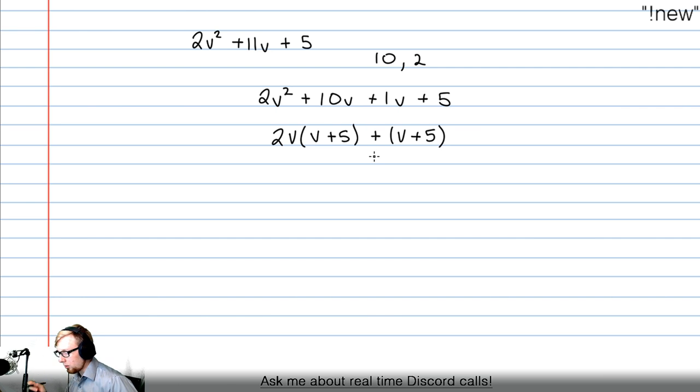It's always assumed. You could always say that 5 is the same as 1 times 5, just like you'd always say 5 is the same as 5 over 1.